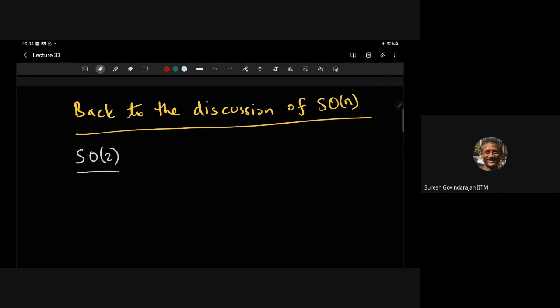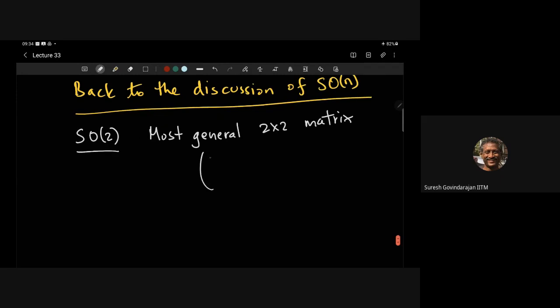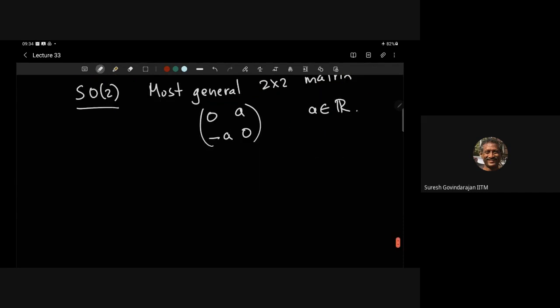We have to write the most general element, where little a is some real number. We need to work out what this is. But there's something nice that happens. Let's look at A squared.